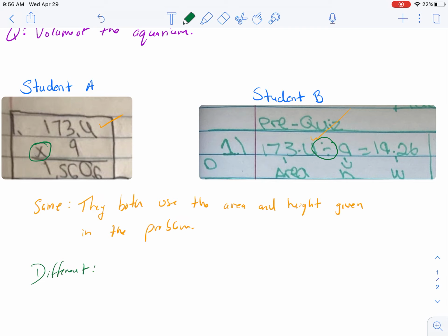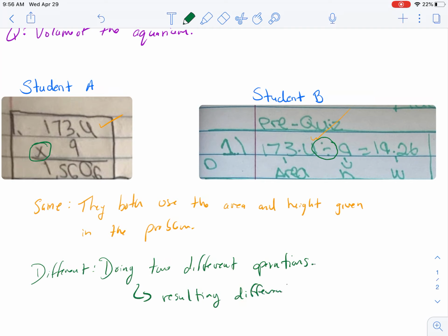So they're doing two different operations, which in turn is resulting in different answers.